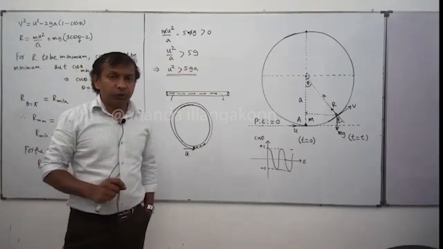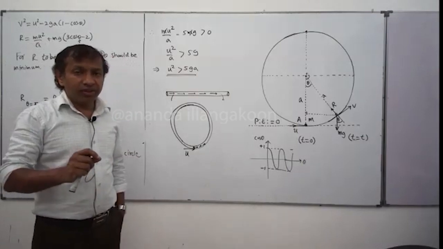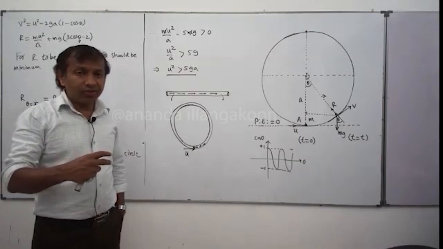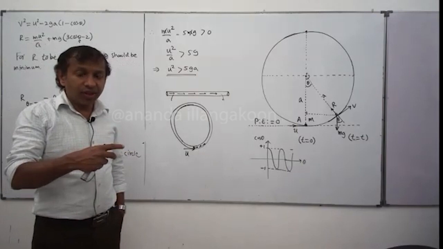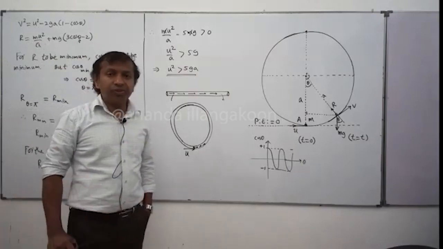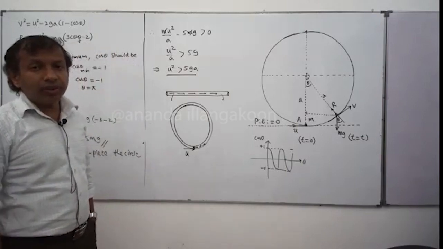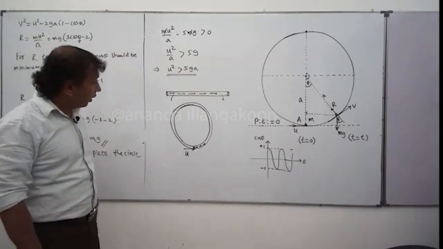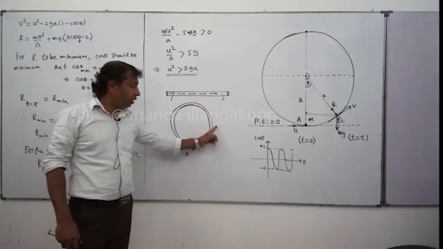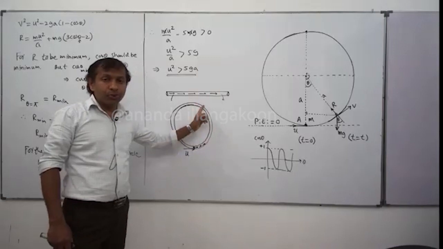In this case, according to the initial velocity, the particle can oscillate through an acute angle or an obtuse angle.